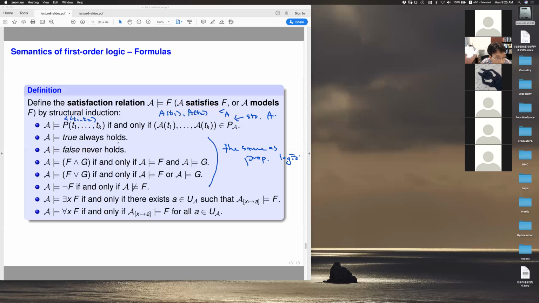So for true, false, conjunction, disjunction, negation, we just follow what we have done in propositional logic. True is always the case. False, nothing satisfies false. Conjunction is true if and only if our structure satisfies F and the structure satisfies G. Disjunction, if the structure satisfies F or the structure satisfies G. Negation is exactly what you expect.